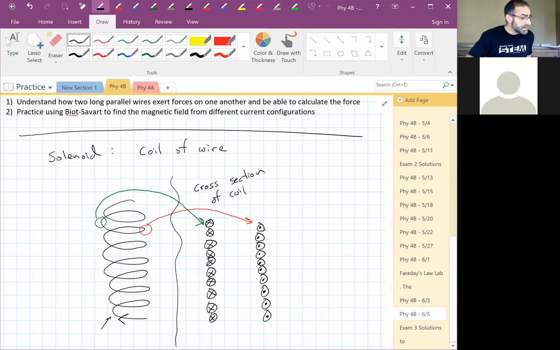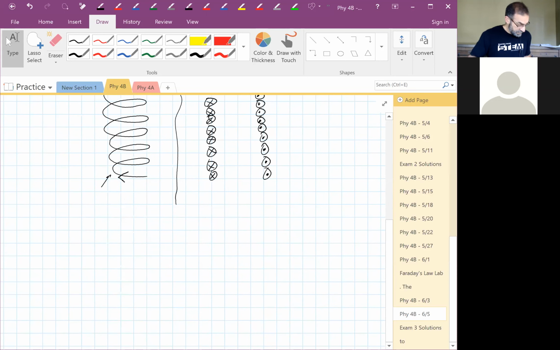Let me start out with the coils not quite packed so closely together, and let's move in that direction and see what happens to the magnetic field.